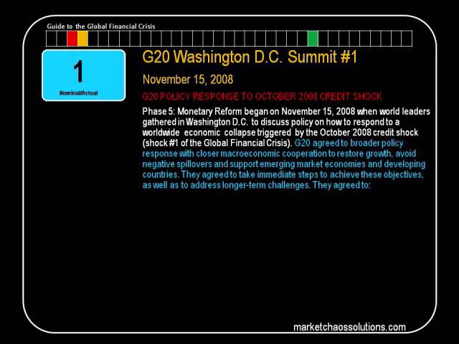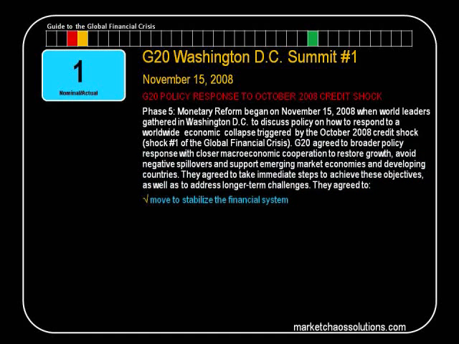G20 agreed to broader policy response with closer macroeconomic cooperation to restore growth, avoid negative spillovers, and support emerging market economies in developing countries. They agreed to take immediate steps to achieve these objectives as well as to address longer-term challenges.